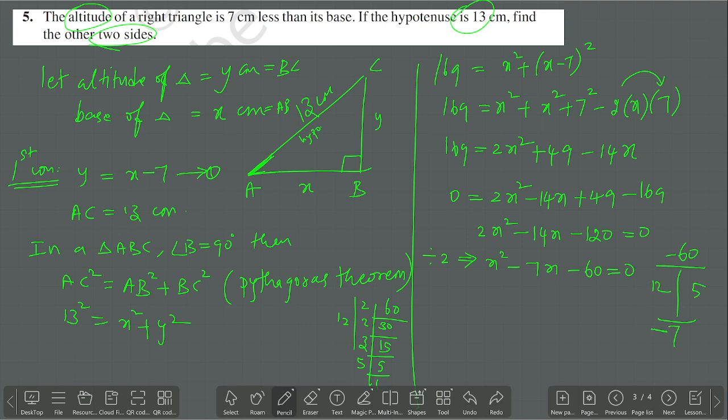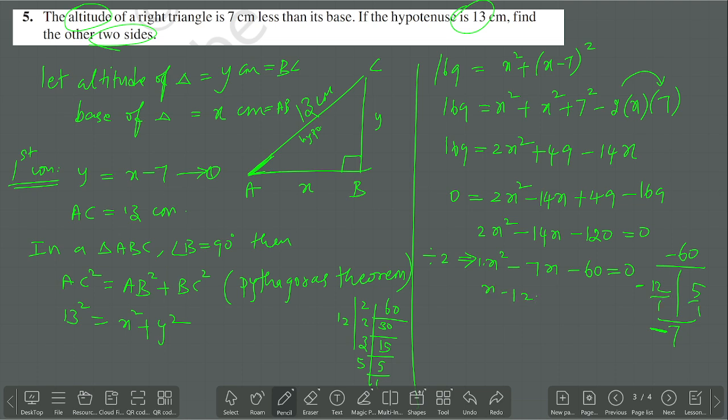The highest number should get the minus sign. So when I do that, the multiplication is minus 60, and when I subtract, I'm getting minus 7. Am I right? Coefficient of x square is 1. Nothing is there, we have to consider it as 1.